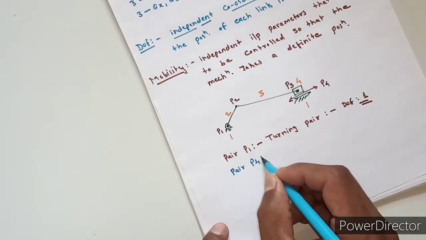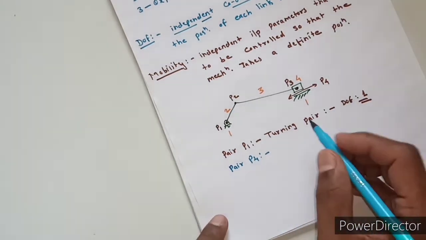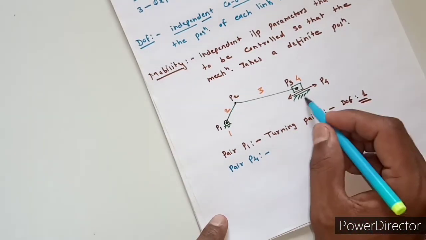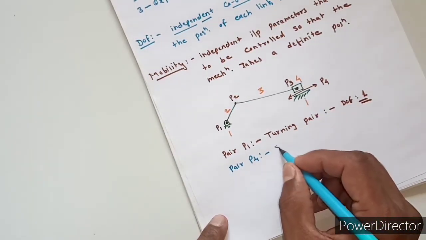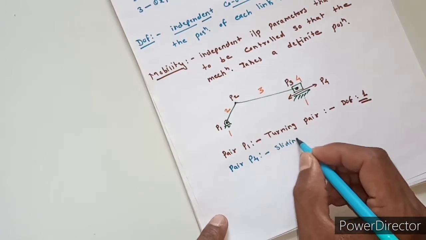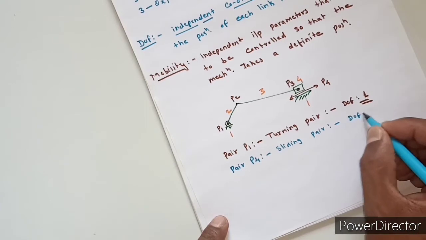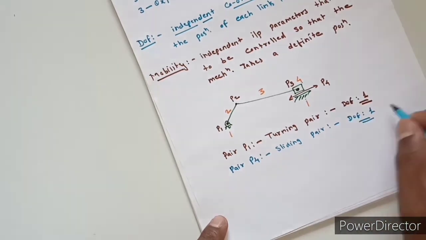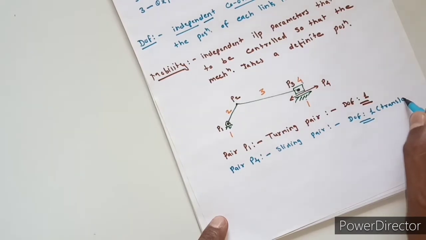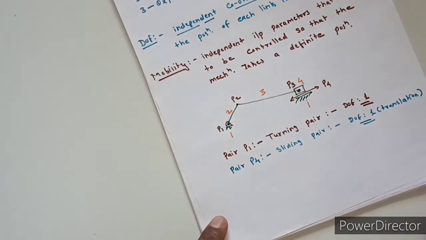Take pair number 4, which is a sliding pair between link number 1 and 4. This sliding pair also has 1 degree of freedom because the motion is pure sliding, or pure translation in horizontal direction.